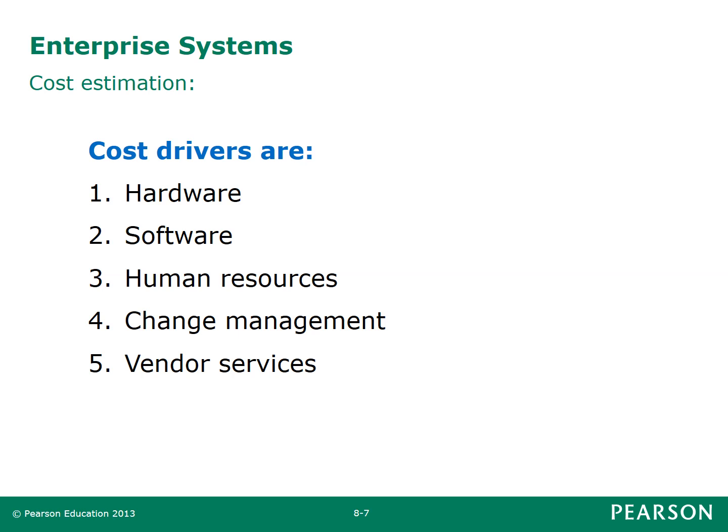For example, human resources, employees, they need to be trained to operate with a new system, and it is in conjunction with high cost of training, and also sometimes to hire a new qualified employee. And the change management, when the business is changed, new business requirement needed to be adapted in the system.